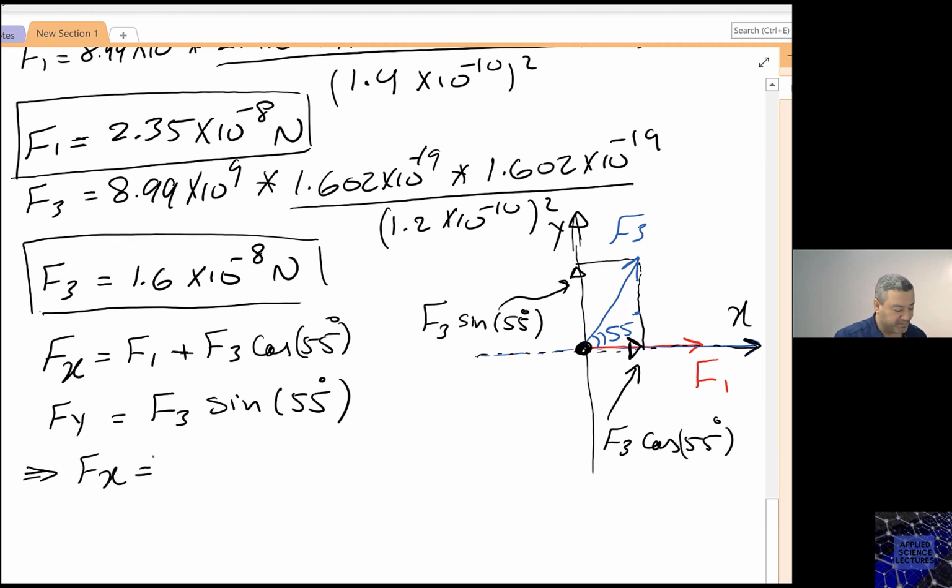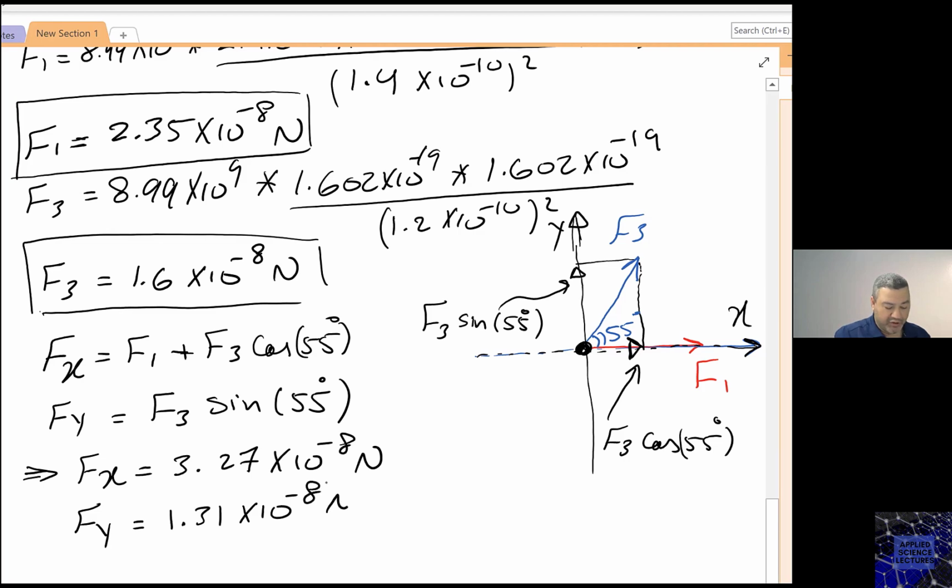So if I plug in those numbers and do the calculations, I can find Fx to be 3.27 10 to the power minus 8 Newton, and Fy to be 1.31 10 to the power minus 8 Newton.